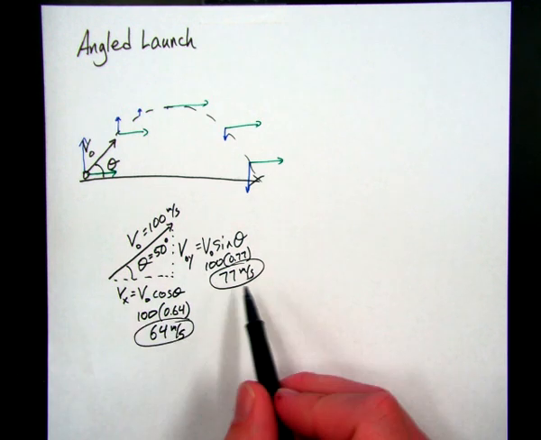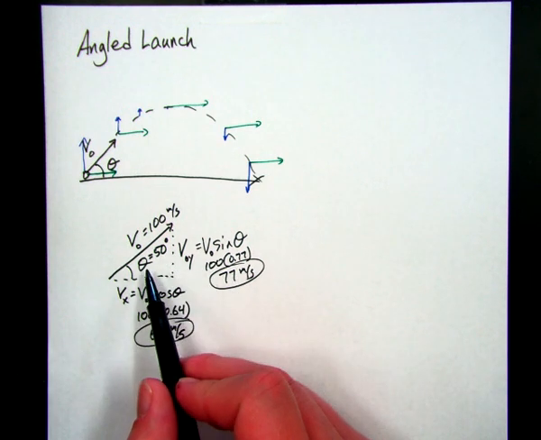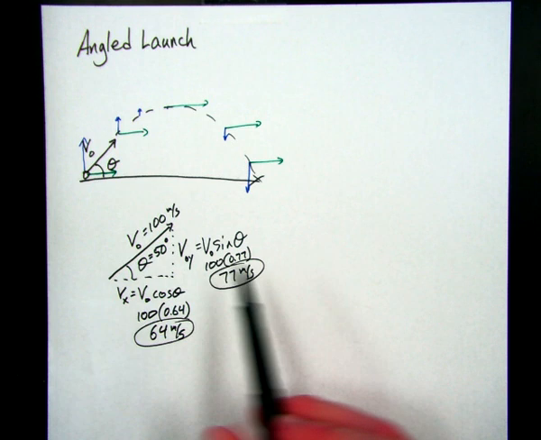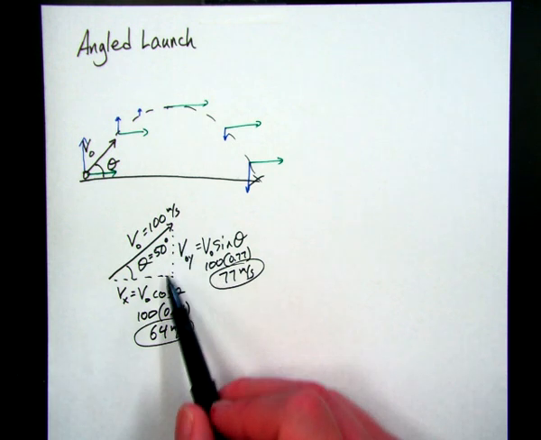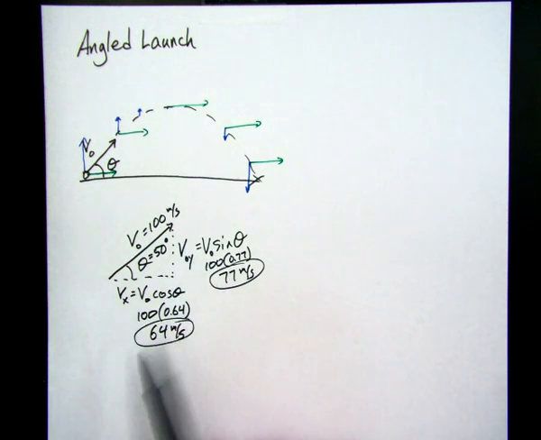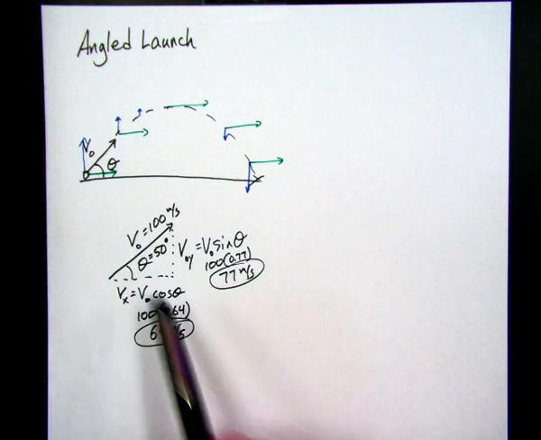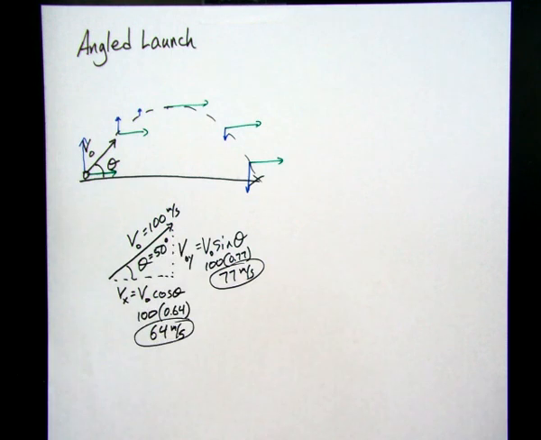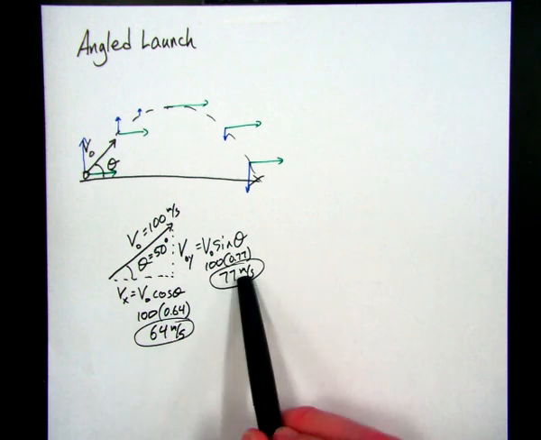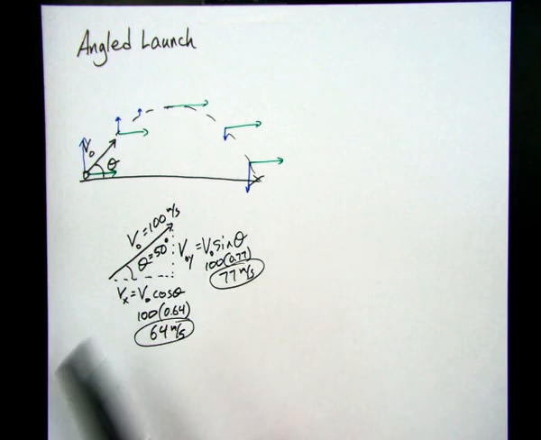Notice that because the angle is greater than 45, the velocity in the y direction, the 77, is greater than the velocity in the x direction, the 64. If it was shot at exactly 45 degrees, we would have an isosceles triangle and we would have an equal amount. If it was lower than 45, we would have more horizontal velocity.